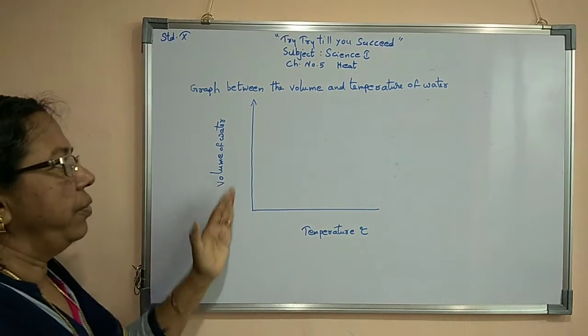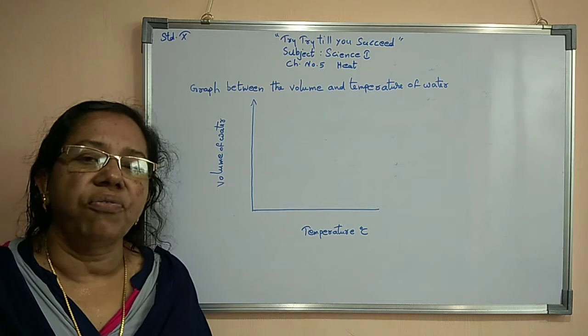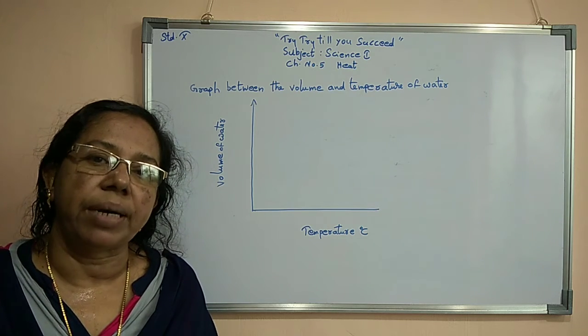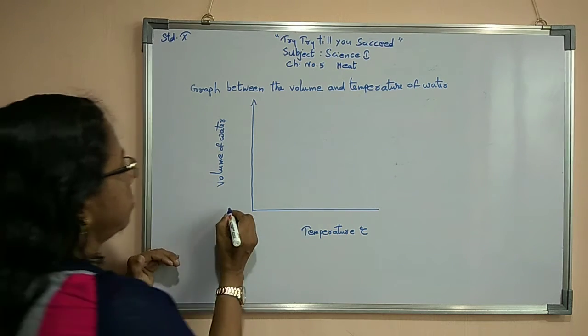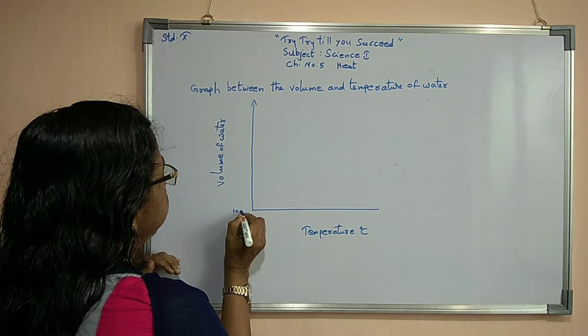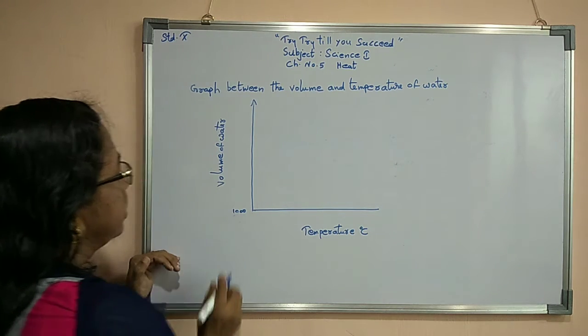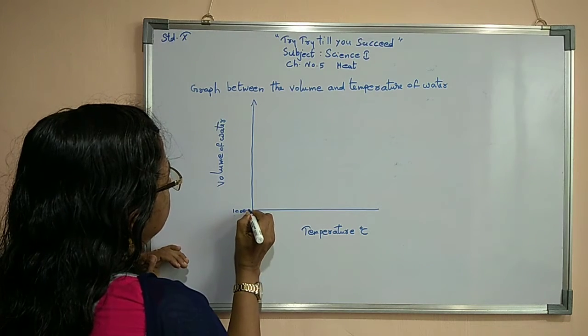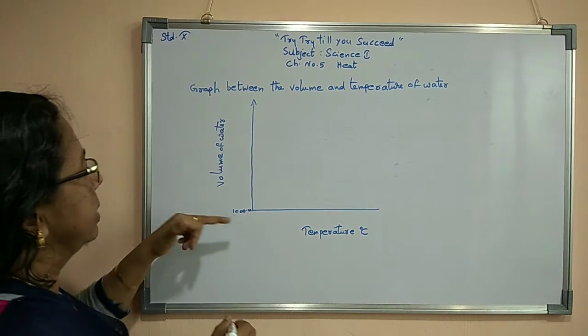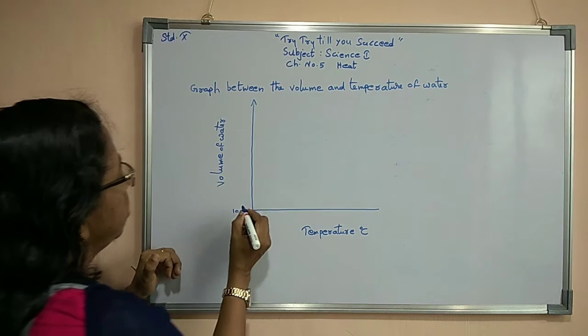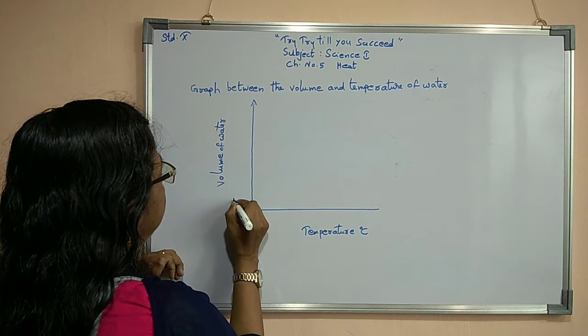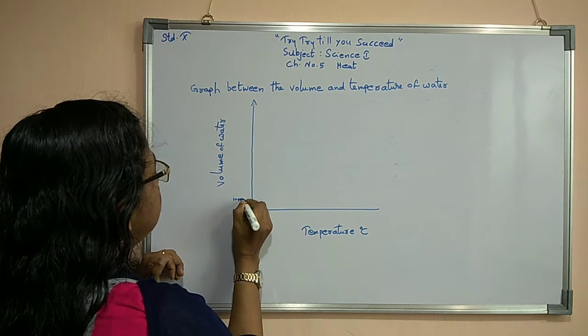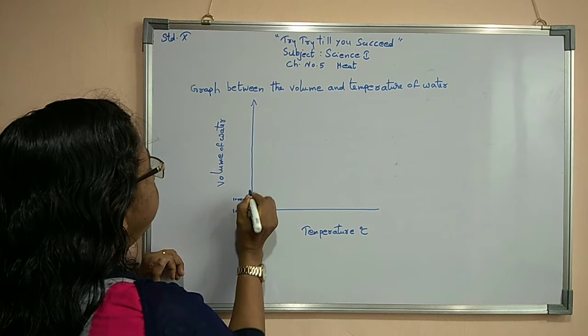Here we have taken 1 liter of water, or we can say 1 kilogram of water. Now 1 kilogram means 1000 grams. Now how is its volume changing, that I will show you. Here is 1000.05.